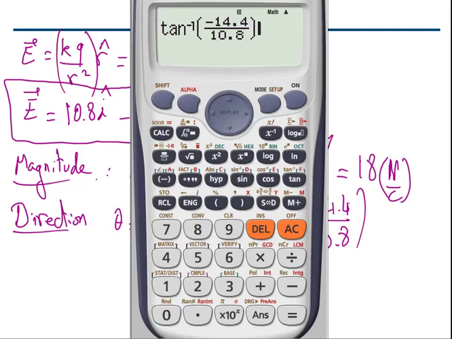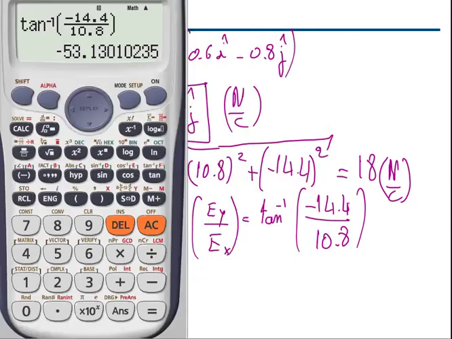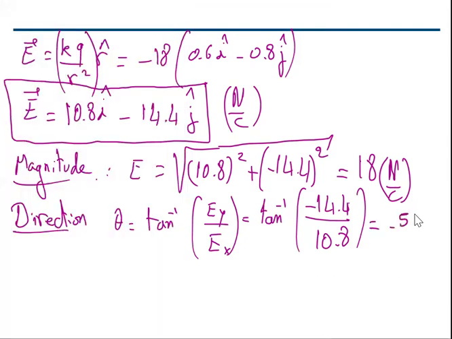And we close the bracket to get the result. So our result is negative 53.1 degrees.